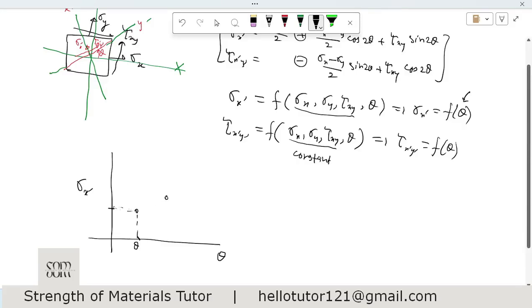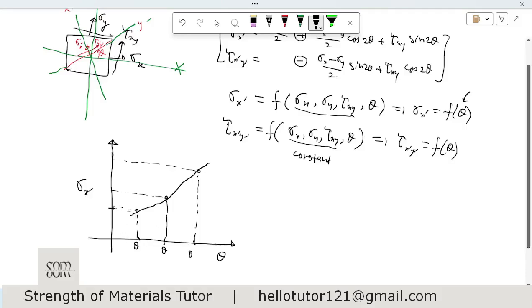Then at this theta, the value of sigma x prime is this. And at this theta, let us say the stress is this. This is just to make you understand, okay? So if we join these, let us say it is like this.